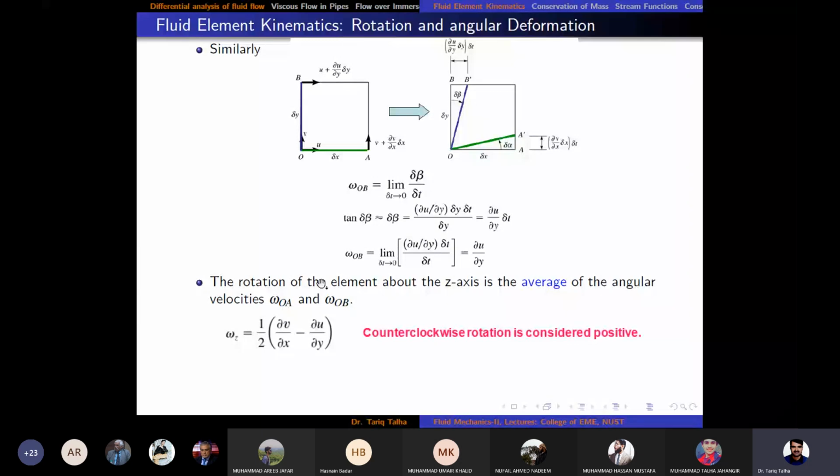ठीक है, तो ये मेरे ख्याल से लास्ट पॉइंट हम यहाँ तक कवर कर लेते हैं, the rotation of the element about the z axis. z axis का मतलब ये है कि यहाँ पे आउट ऑफ द बोर्ड अगर हमें देखनी हो कि उसकी रोटेशन क्या है, then we just kind of take the average of both.